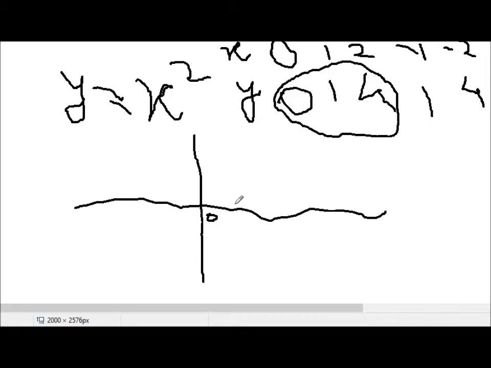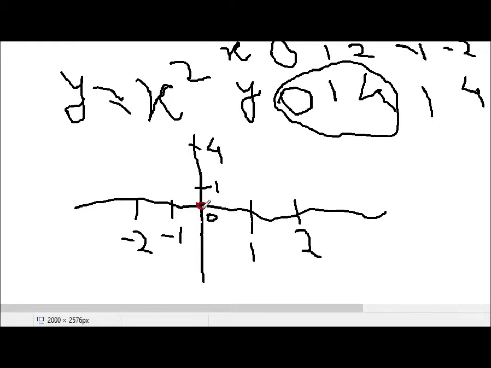So y values are 0, 1, and 4, and x values are 1, -1 and -2, here 1 and 2. Now plotting the dots for 0, 0. Let's use a different color to understand.